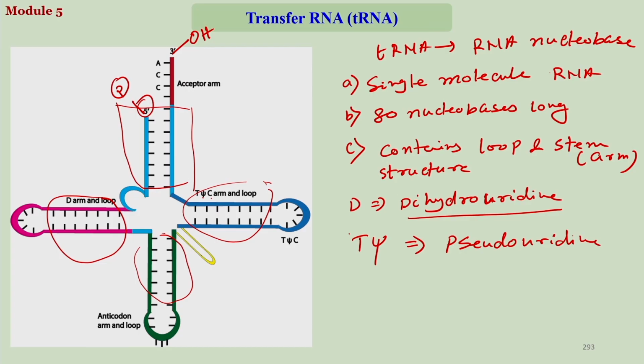Uridine should have been U here, but I do not know why T has been picked up. T psi is to denote the presence of pseudouridine in this part of the structure, and similarly there is a modified cytosine here, usually 5-methyl cytosine, m5C. 5-methyl cytosine is present here.